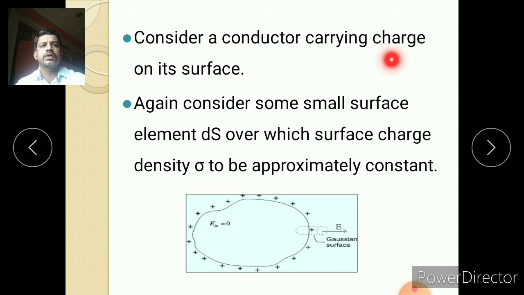Consider a conductor carrying charge on its surface. Again, consider some small surface element dS over which the surface charge density sigma is approximately constant. So here we consider that small surface dS, and the charge is uniformly distributed over the surface.